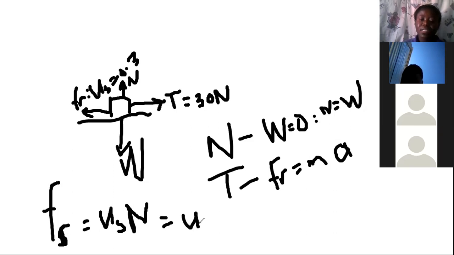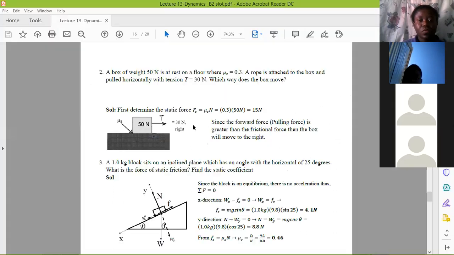So it is equal to mu s times the normal force, which is the mass times the gravitational acceleration. We know what the coefficient is, and we are given the weight, so we know the mass of the box, so we can simply calculate the friction force required.